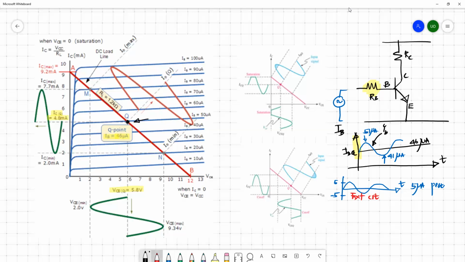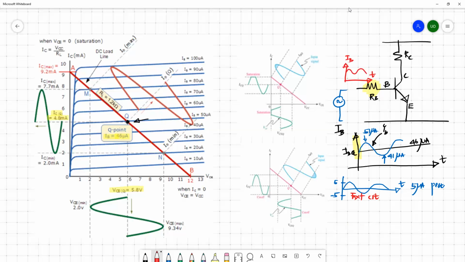Now if we consider the base, let's assume this is your base.